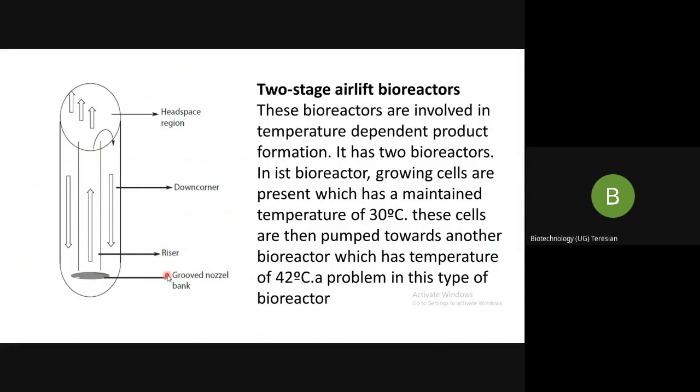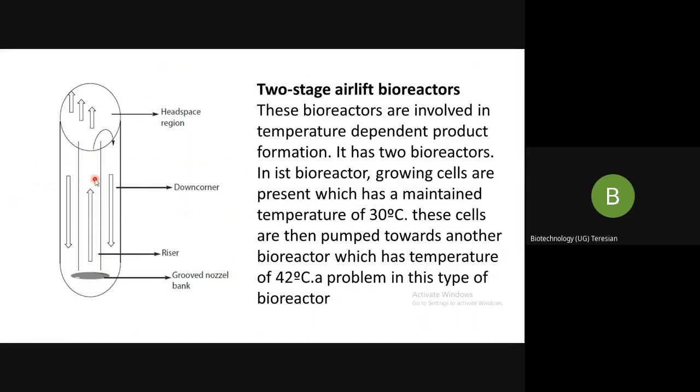They are all related to the gas injection rate and the resulting rate of the liquid circulation. And the rate of the liquid circulation increases with the square root of the height of the airlift fermenter.